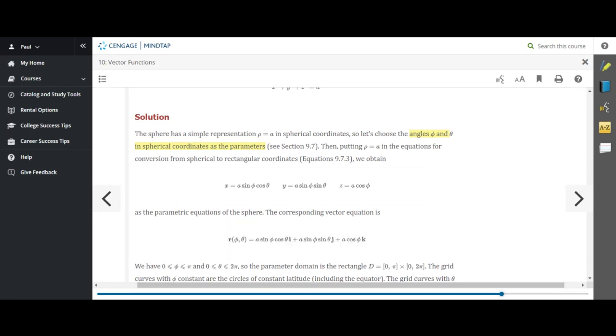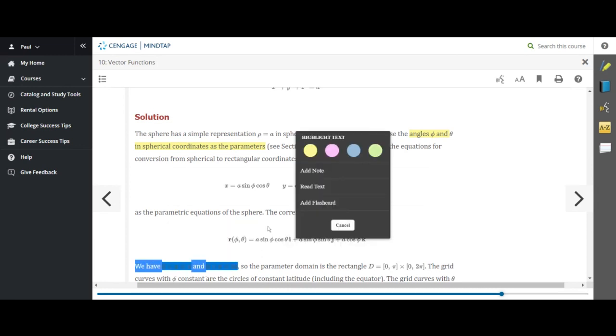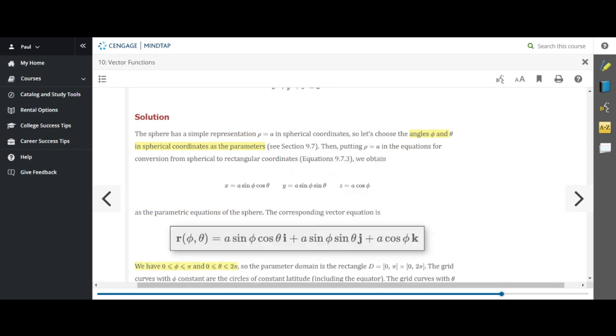Okay, and let me just highlight this. Hold on. Yep, and make this big. So this here, the vector equation for a sphere is given there. If you let phi and theta vary, theta is going to vary between what? What angles can theta go between? 0 to 2 pi. That's right.